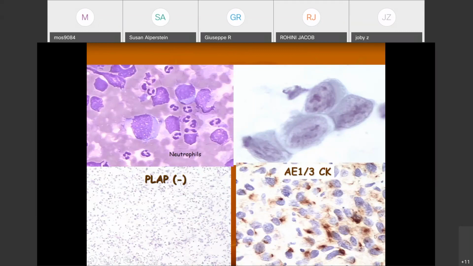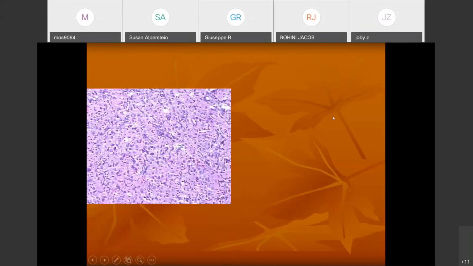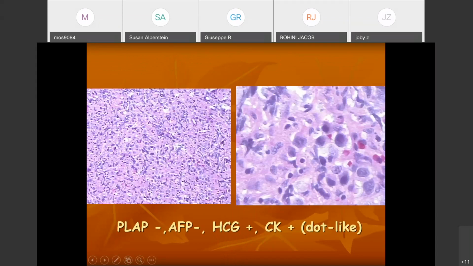They did a frozen section. I just said malignancy, uncertain type. Here's the frozen section. In this case, PAP negative, HCG positive, cytokeratin positive.